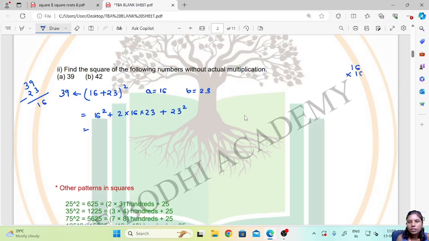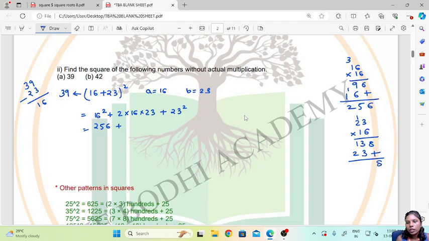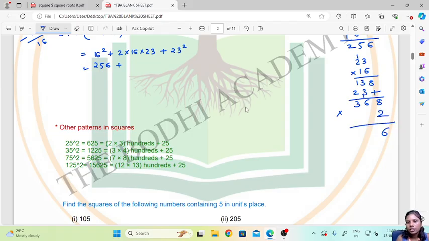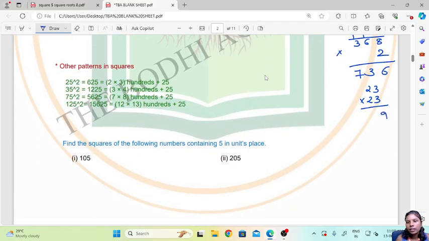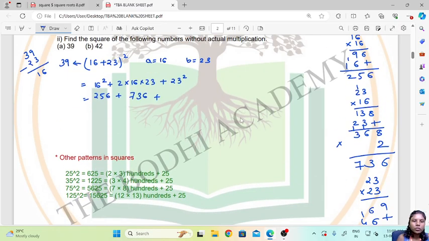So we'll do 16 square, which is 256, plus 23 into 16, and you have to multiply it by 2 because it is 2ab, which gives 736, plus you have to do 23 square, which will be 529.